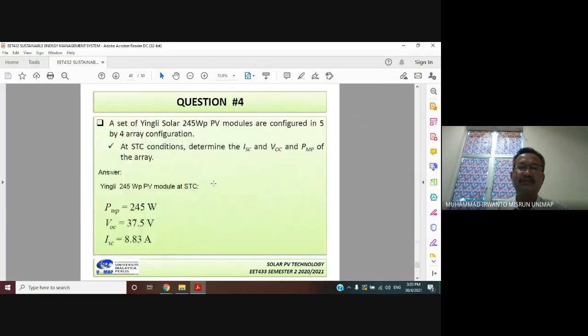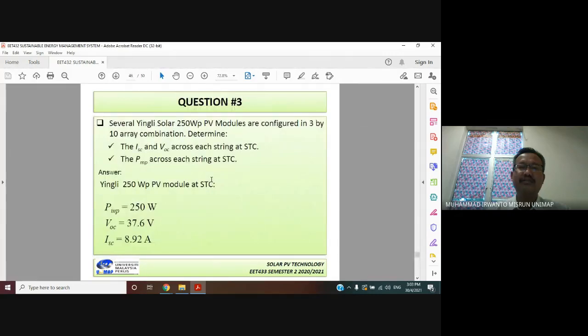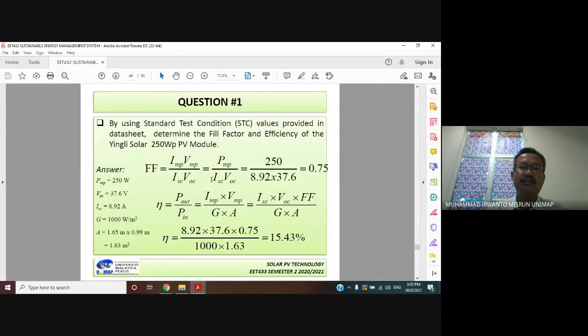So area is equal to length multiplied by width. We obtain 1.65 meter multiplied by 0.99 meter, which is equal to 1.63 meter squared.